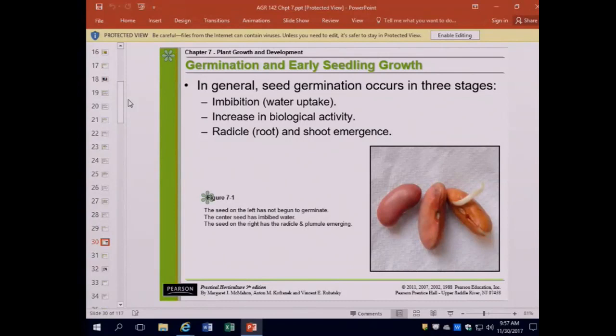Place those in between two pieces of paper towel and keep those towels moist. You're going to see that seed begin to swell. That means it's taken up water. And as it continues to do that, the first thing that you see is going to be a little radicle, or the initial root, and it's going to begin to emerge.